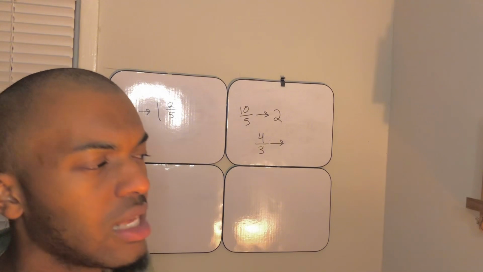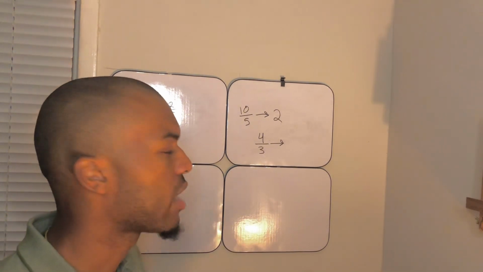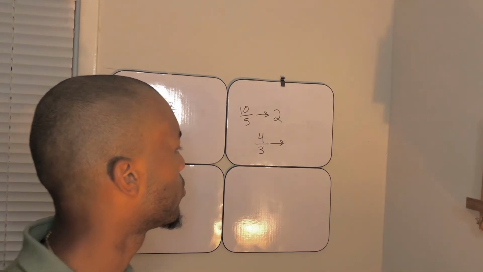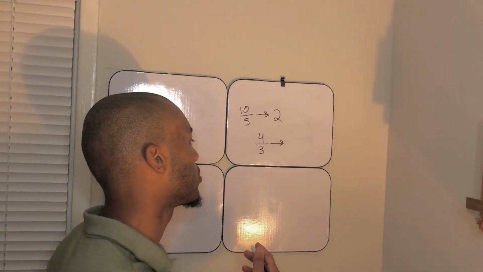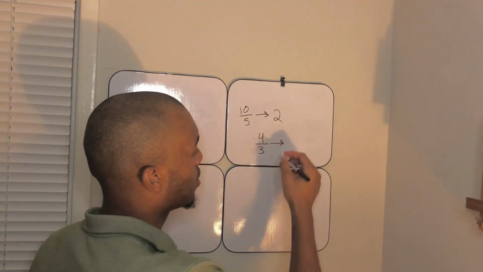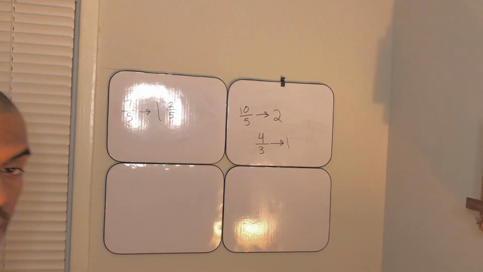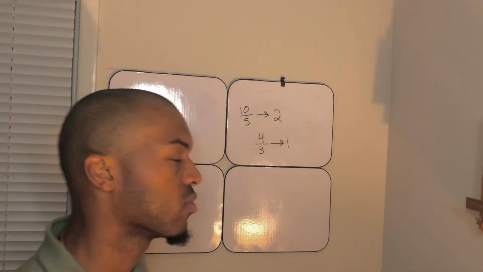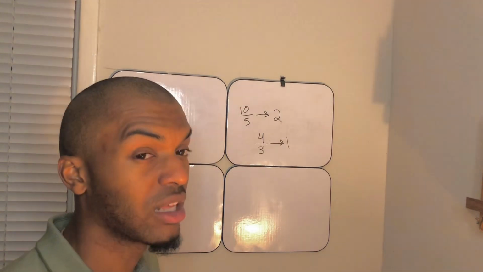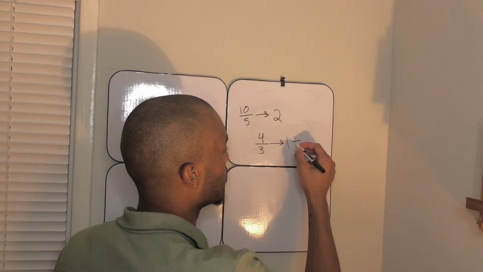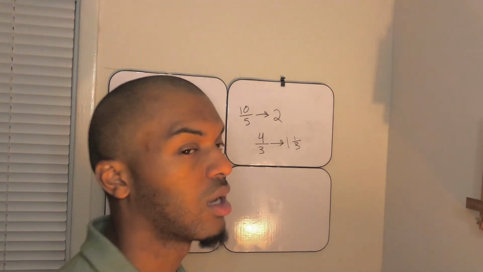Now the calculation is the same. How many times does 3 go into 4? Well, it's 1 time. And after you do that, what is left over? We got 1 left over. And then we drop that 3 under there.